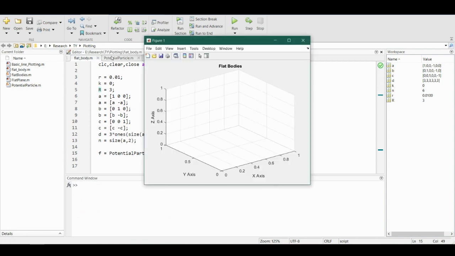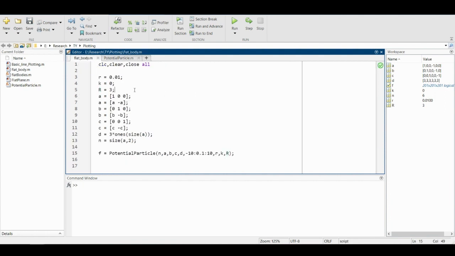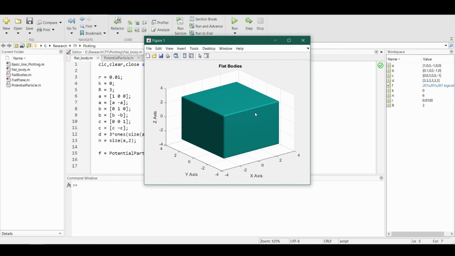Let's wait. Okay, it's not showing because after subtracting this r, I told you at the starting of the video that it will be less than or equal to 0. So this is an additional thing you need to remember. So yep, it's working very fine. This is for case k equal to 0.